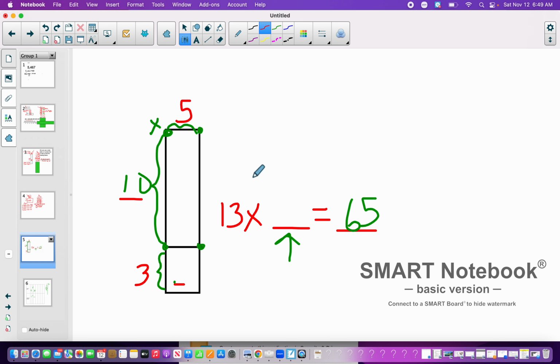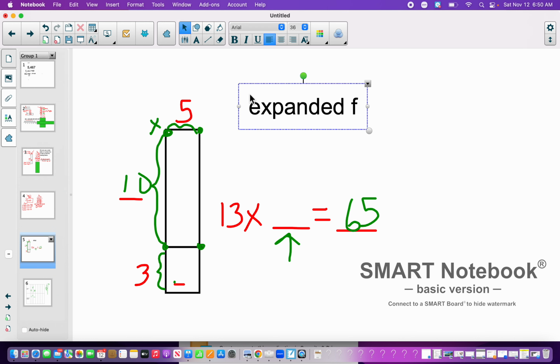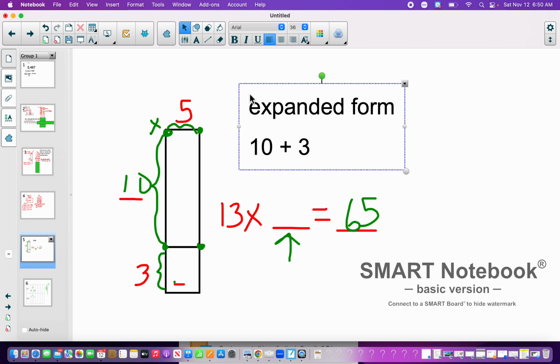Let's take a look at this. This equation is 13. So where do I get 13? 10 and 3. I'm taking 13 in what we call expanded form. So what is 13? It's a 10 and it's a 3. It's place value basically.